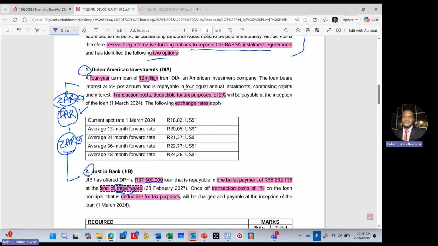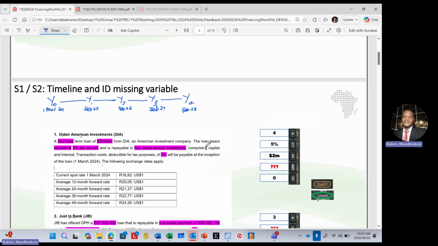Now for IRR to work in this case, because one loan is in US dollars, we've got to identify all the relevant cash flows, calculate them, convert into South African rands so that we calculate IRR based on South African rands for both loans. So our cash flows need to be worked on. Okay. Now let's go through the analysis.